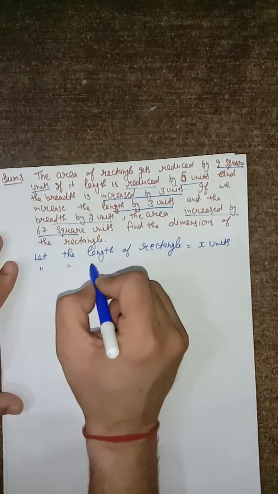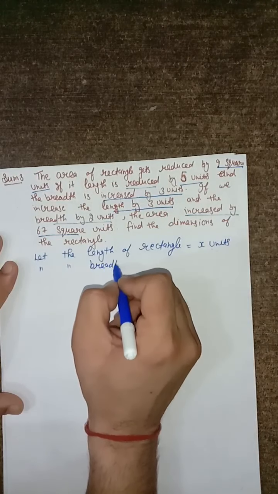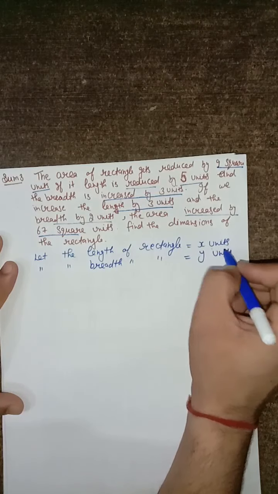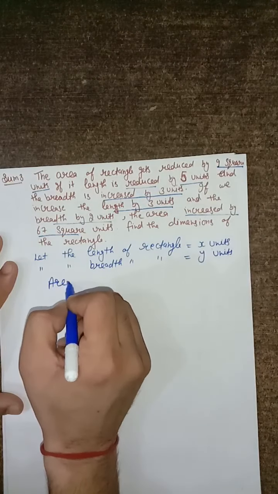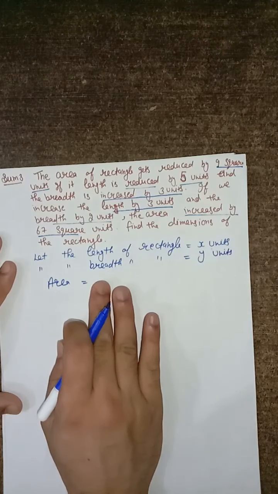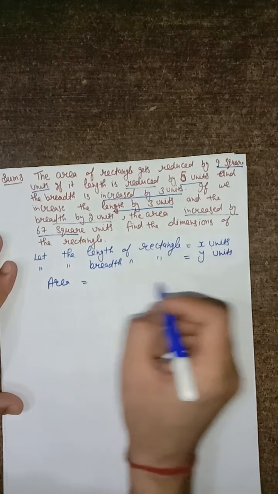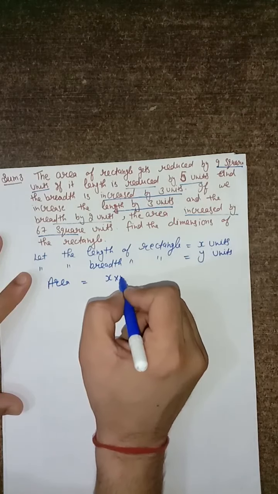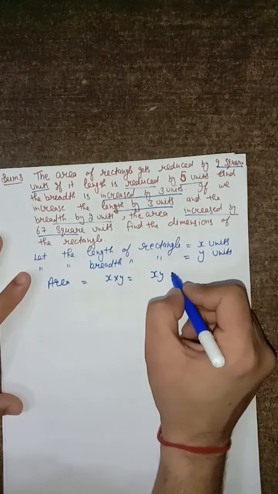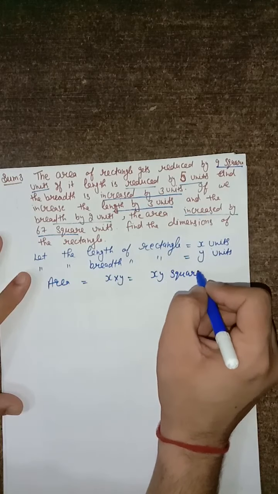Now let the breadth of the rectangle be y units. Now my area will be, what is the formula for the area of a rectangle? This is length into breadth. This will become x into y, xy. Here the unit will be square units.